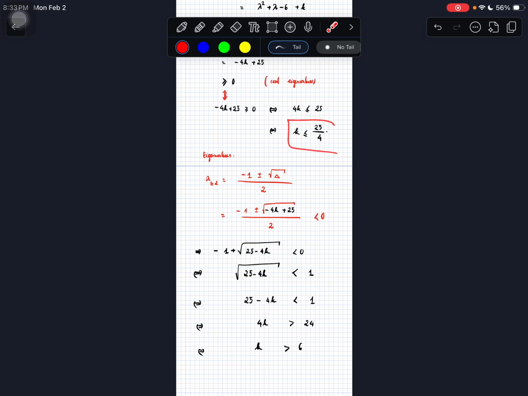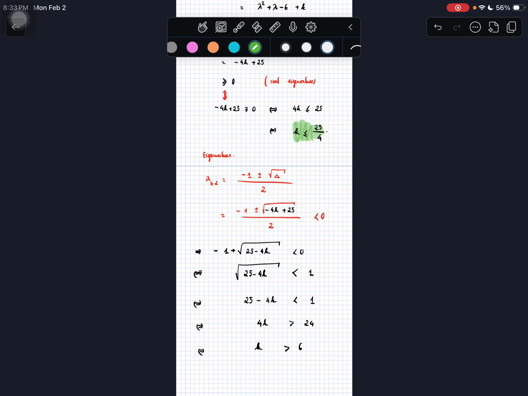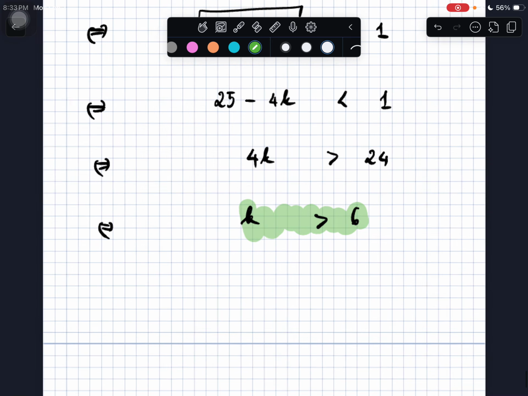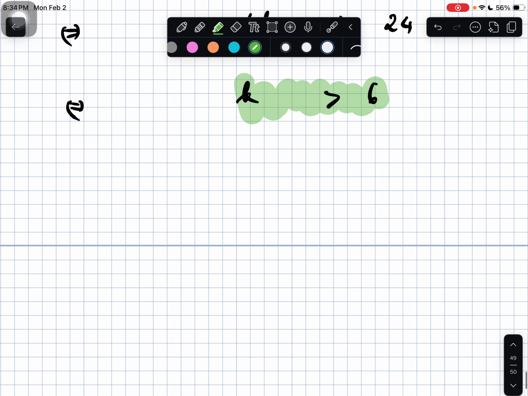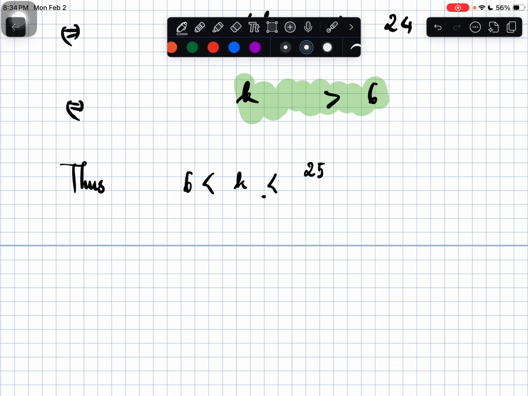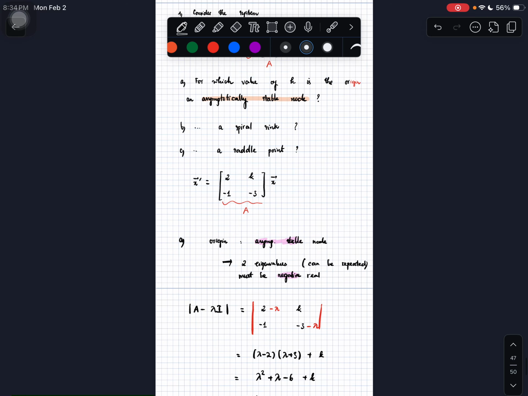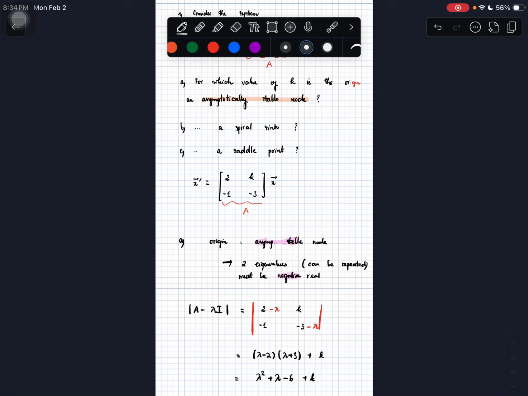Combining with the first condition, we have k bigger than 6 and less than or equal to 25 divided by 4. Then we would have a nodal sink, an asymptotically stable node.